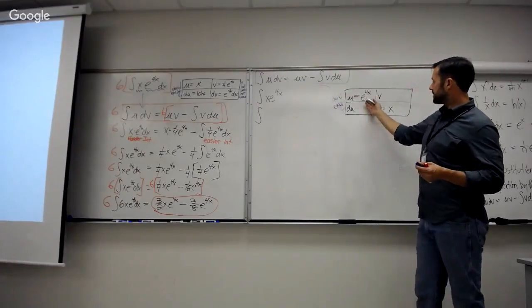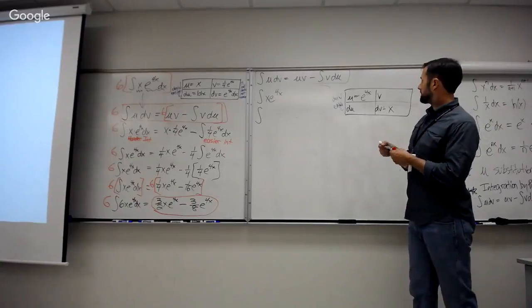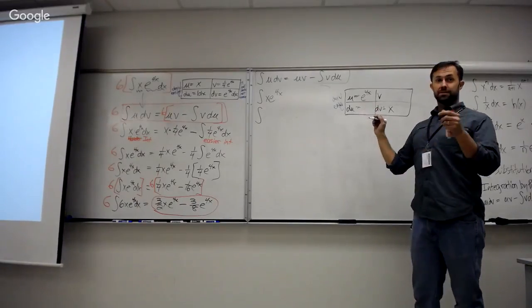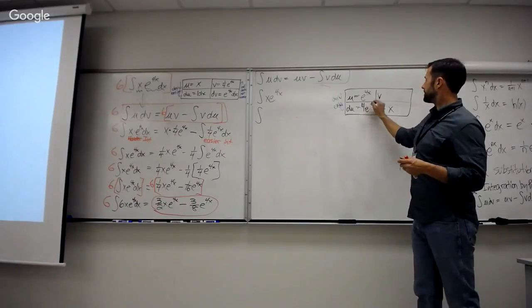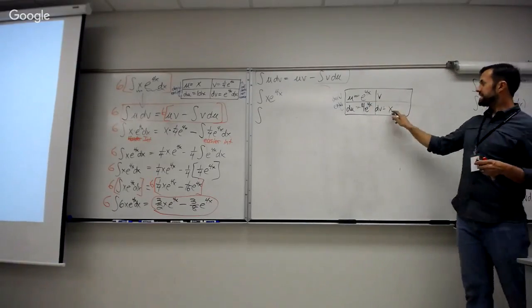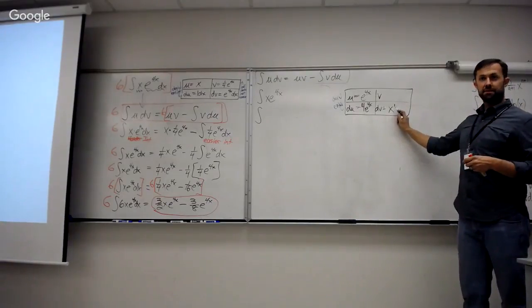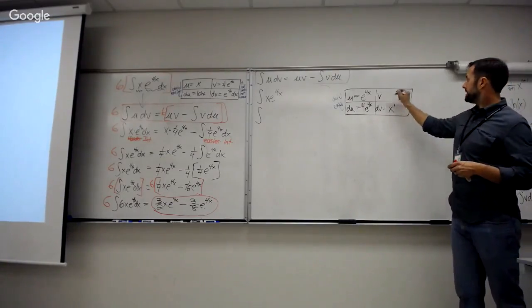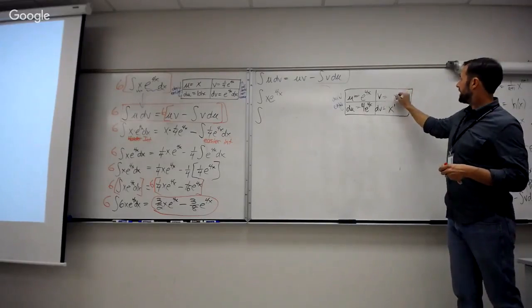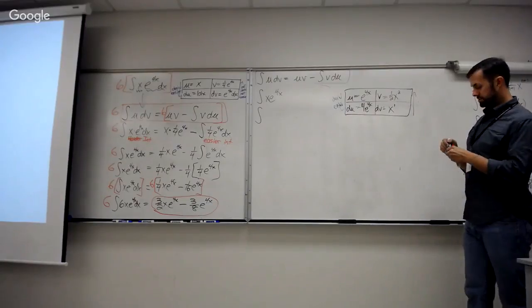Okay, well, let's look. The derivative of e to the 4x is 4 e to the 4x. That's the derivative. Whereas, what's the antiderivative of x? You'd have to add 1 to the power and then divide by the resulting number. So v is going to end up equaling 1/2 x squared. Did that get not worse?